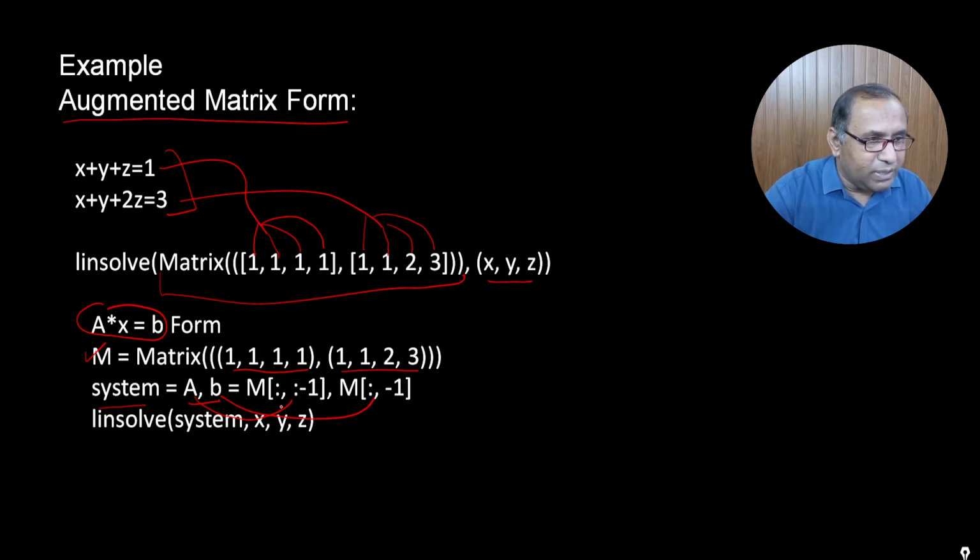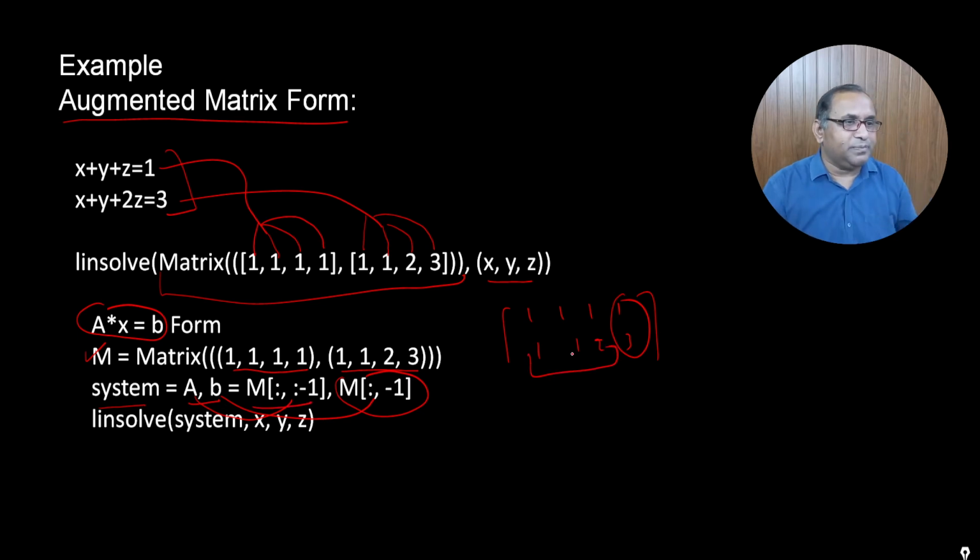M[:, :-1] and M[:, -1]. Minus 1 means from the last column. See, we have 1 1 1 and 1, and here is 1 1 2 3. So when you choose this one, it will take only these values, and when you use this one, it will use only these values.